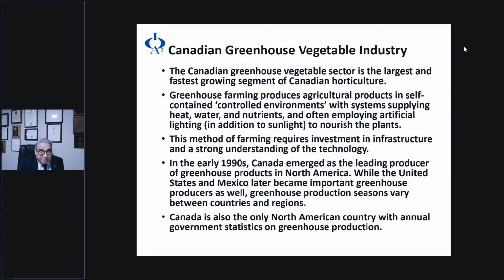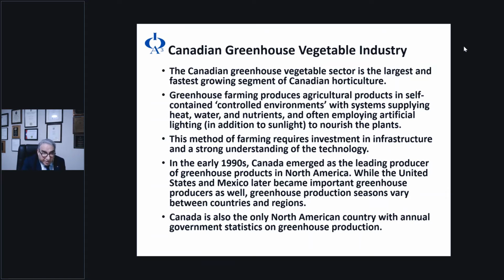Usually these are grown in a controlled environment, with heat, water, nutrients, and some artificial lighting. And now it's been a very applicable thing in the cannabis greenhouse.